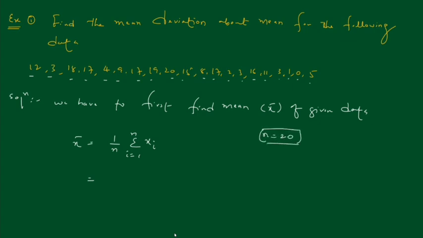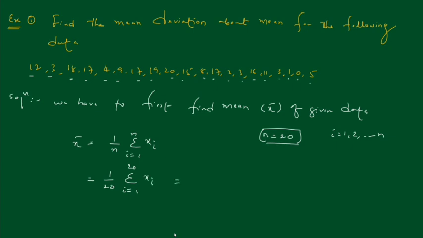So just substitute the value, where i equals 1, 2, 3 and so on up to n. So 1 by 20 it is. Summation i equals 1 to n, the n value is 20, xi, right?